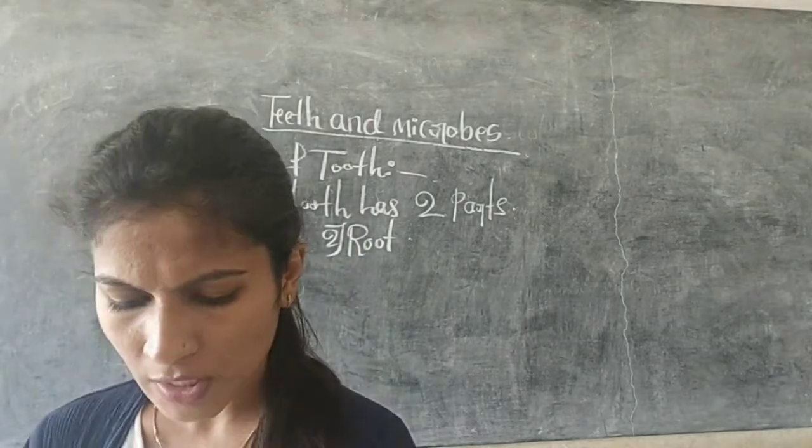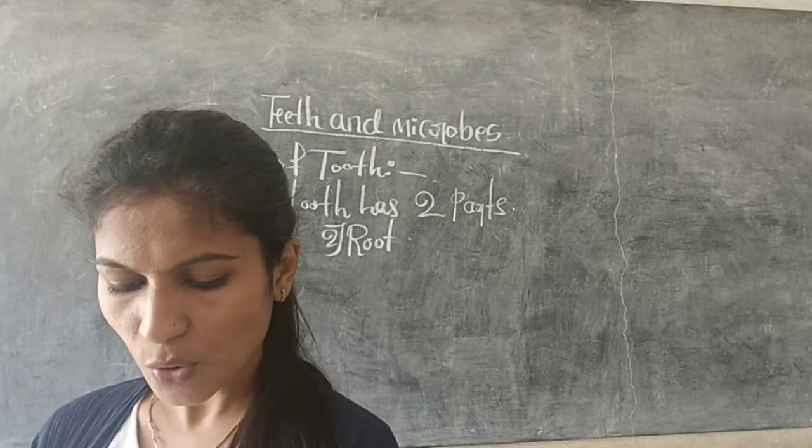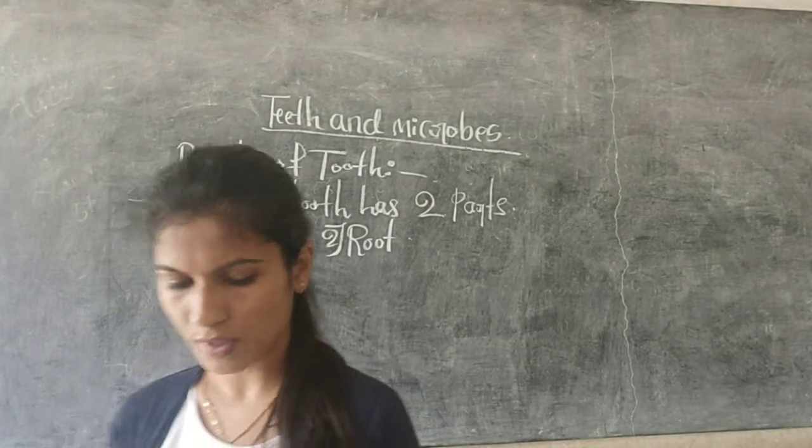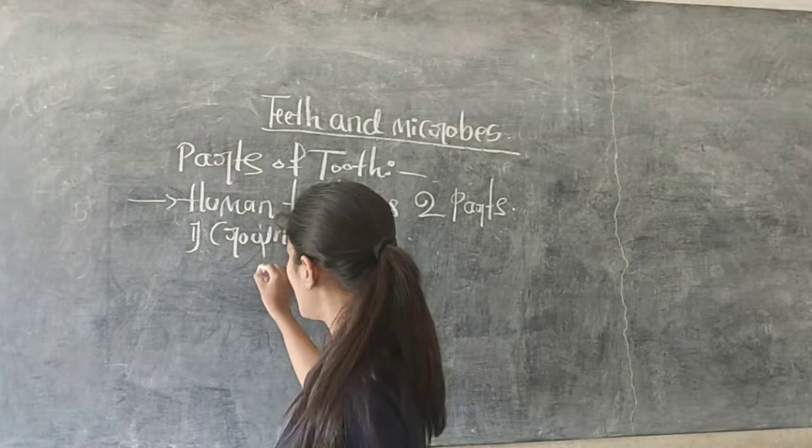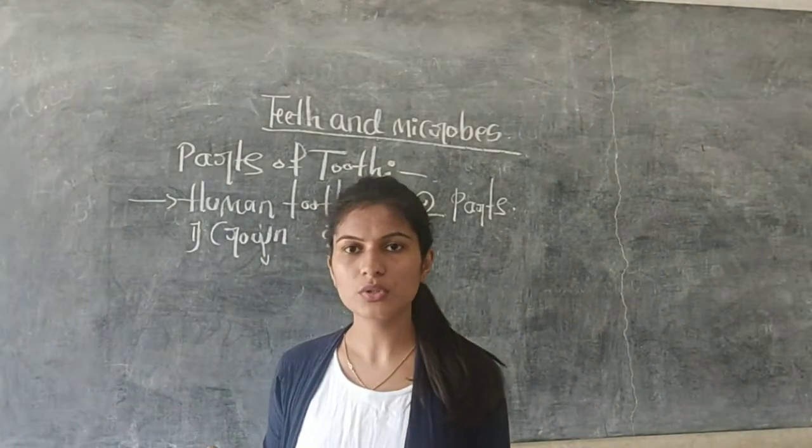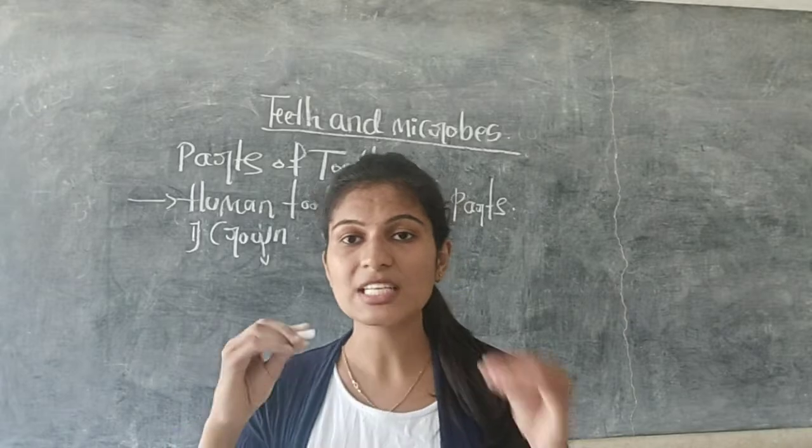Our tooth has mainly 2 parts: the crown and the root. The part of the tooth which we can see when we smile is called the crown.